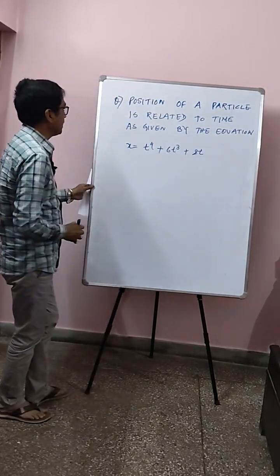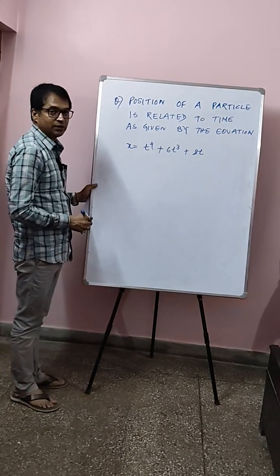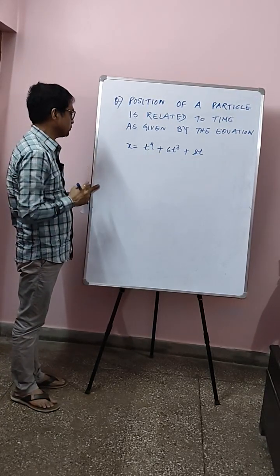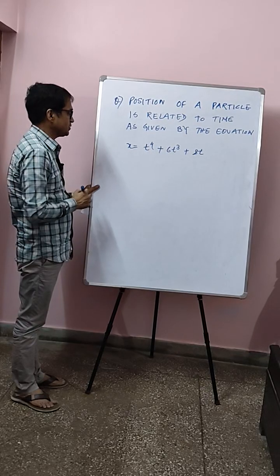This is the question. Position of a particle is related to time as given by the equation x equals t to the power 4 plus 6t cube plus twice t.